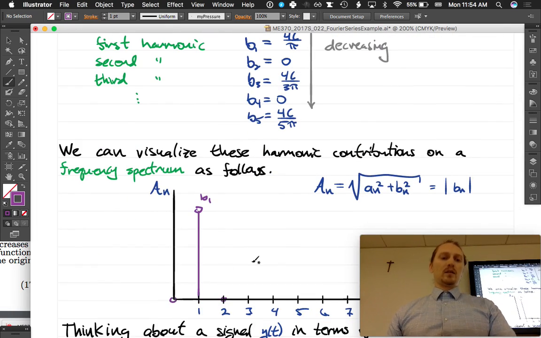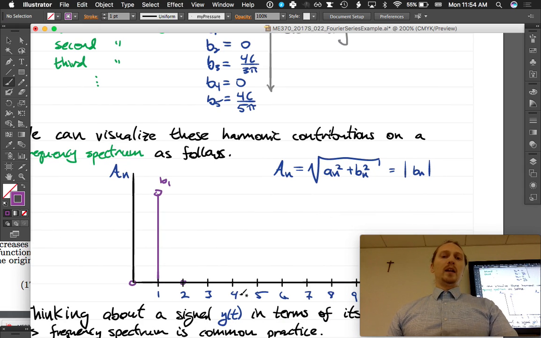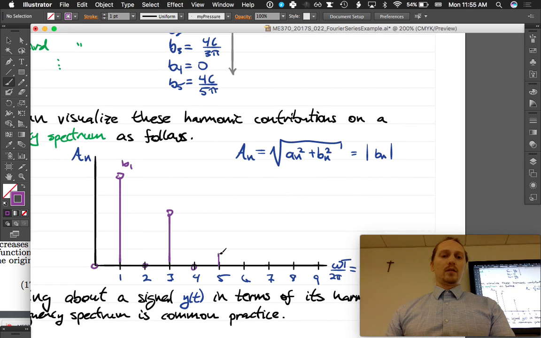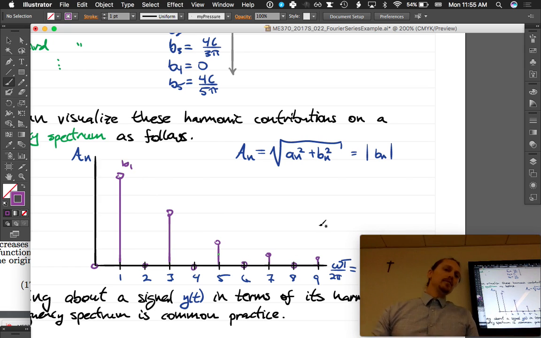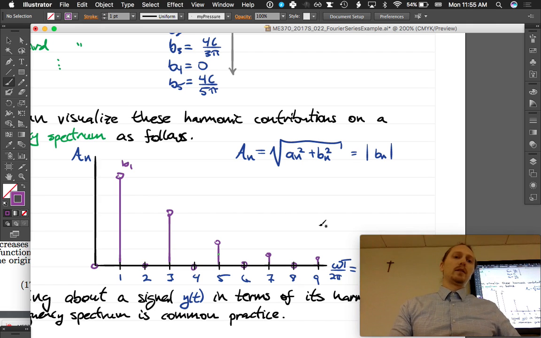So at the third harmonic, we had B3, and then we had 0, and then B5, and then 0, and then B7, and 0, and B9. So these things fell off really quickly, like a 1 over n sort of falling off.